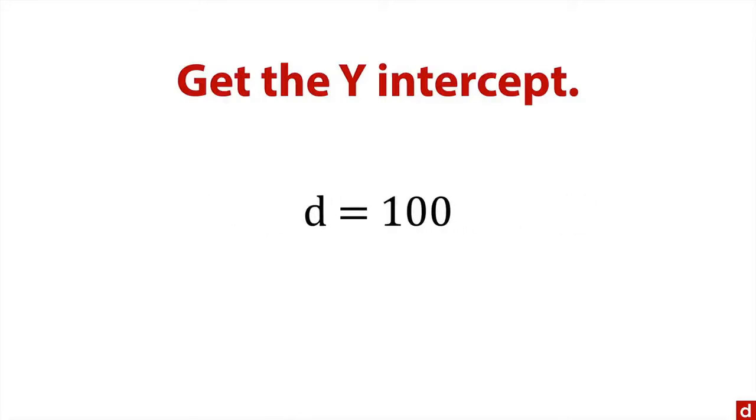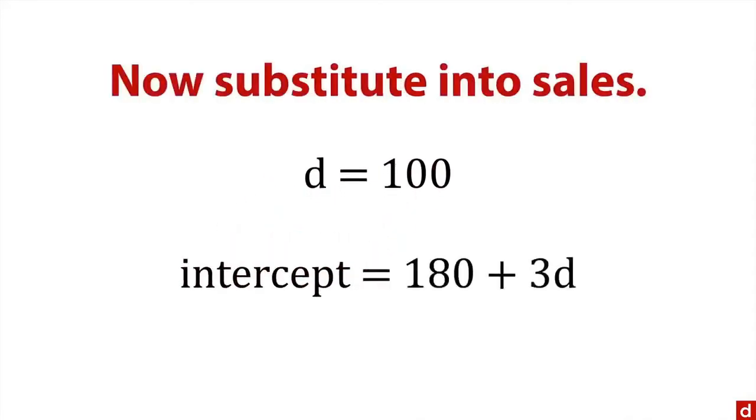That is, when D is equal to 100, price is 0, and that tells us how we can get the y-intercept. But to get that, we have to substitute this value into sales. So we take D equal to 100, and the intercept is equal to 180 plus 3. 180 is the number of new subscriptions per week. Then we take the 3 and multiply it times our 100.